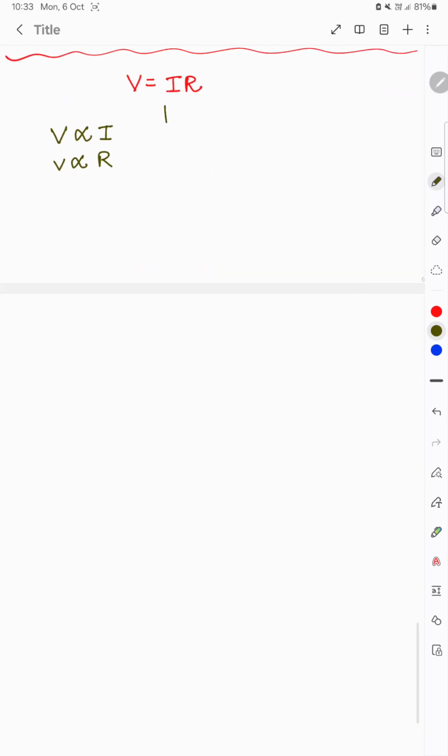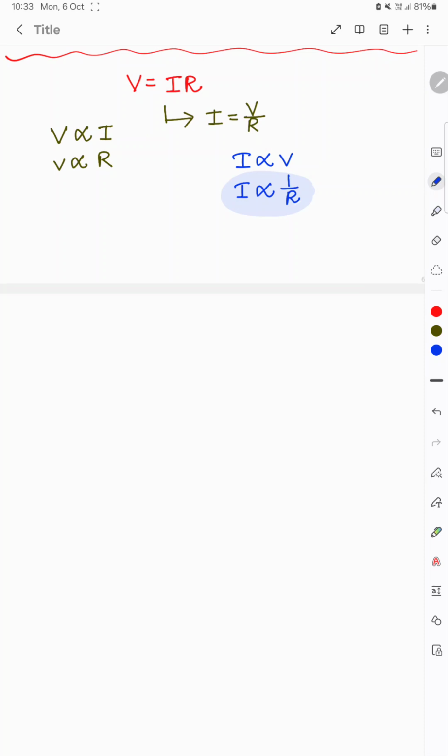Now, from V equal to IR, I can write that I equal to V by R. So from this I can also write that I is directly proportional to V and I is inversely proportional to R, right? So it's very obvious, no, that the flow will be disrupted when there is more obstruction, and the current will flow easily when the obstruction is less, right?